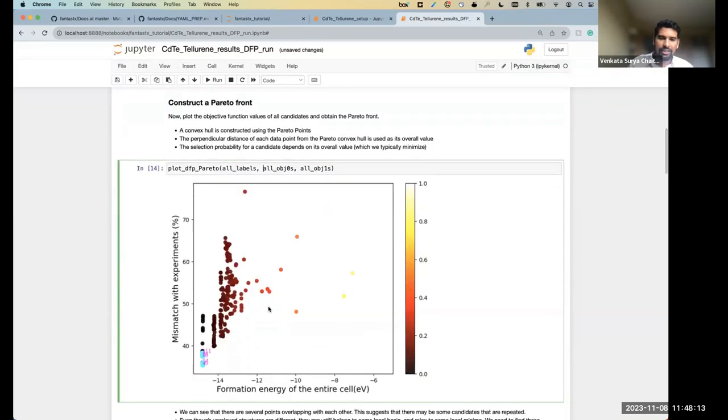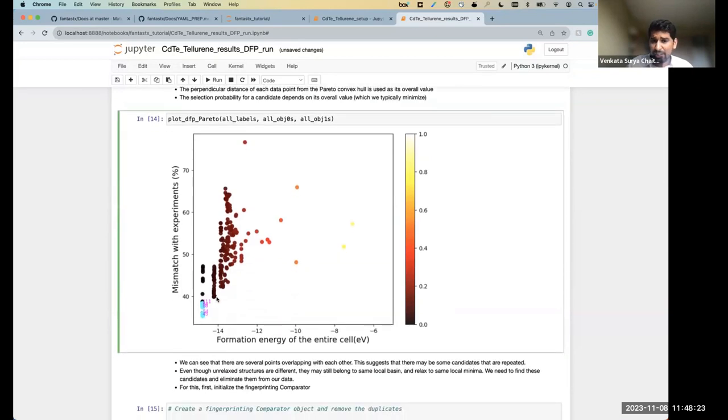And if you do that, you'll see this is how the data is distributed across objective function 0, energy, and objective function 1, the mismatch. As you can see, for the same energy, we have several different mismatch values. This is probably because we have the same local minima, but the simulation is slightly misaligned with the experiment.